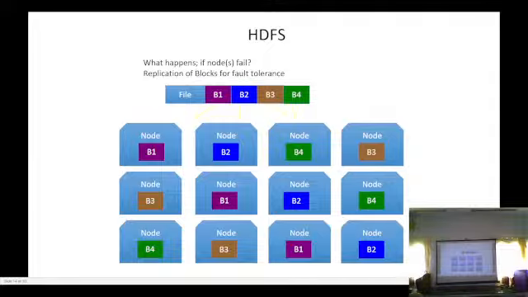B1, B3, B4: like that, the same data is replicated in many places. If due to disasters one node has a problem providing the data, we can access it from another node. If nodes fail, we have replication of blocks for fault tolerance. This is the structure of how we manage the data.